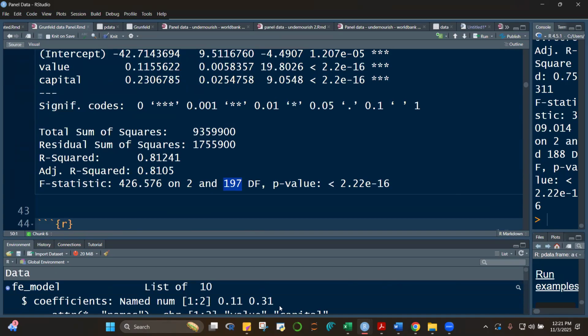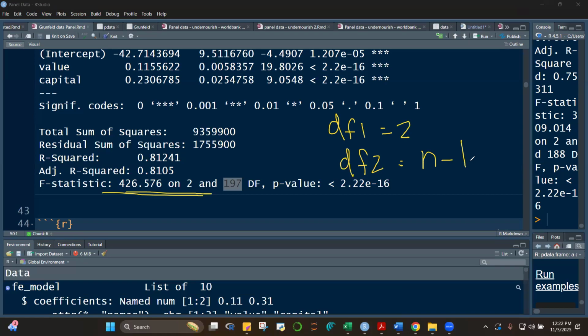So if you recall, class, let me just make sure that you understand this, class. So this is our F statistic, no? You have degree of freedom 1 equal to 2. And degree of freedom 2 for the pooled OLS is equal to N minus K minus 1.